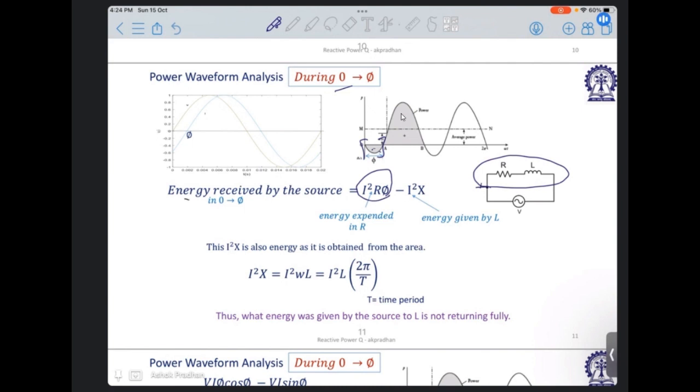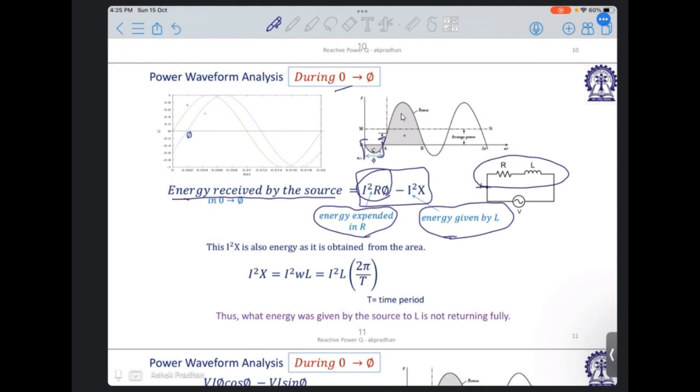So the energy received by the source, because now it is negative, is nothing but the area under this curve. In our derivation it comes out to be I square r phi minus I square x. The r component is the energy expended in r, and this part is the energy given by the inductor. You see here I square x is negative.